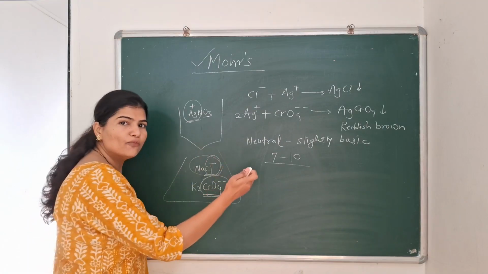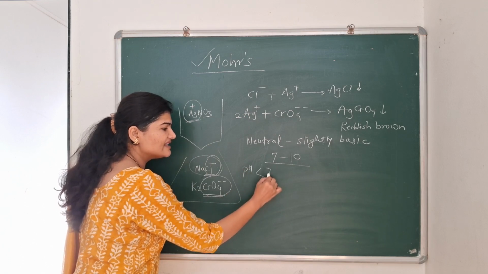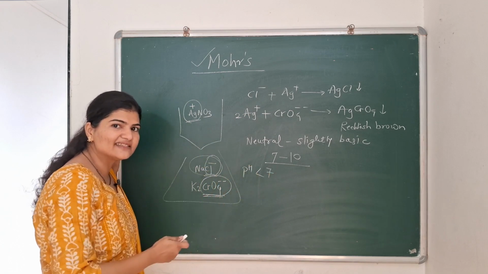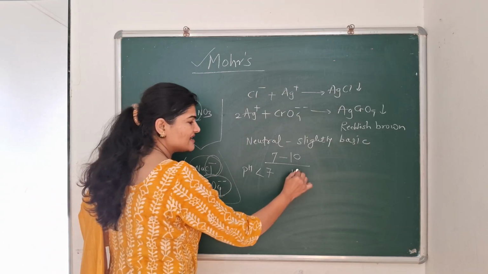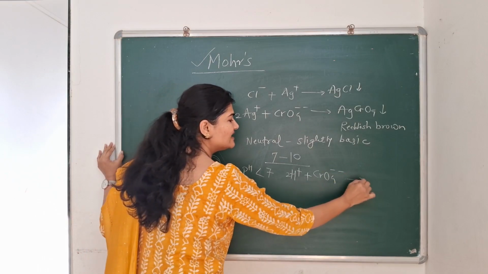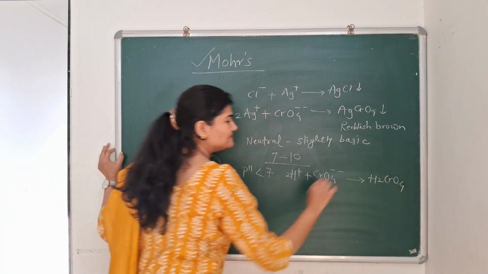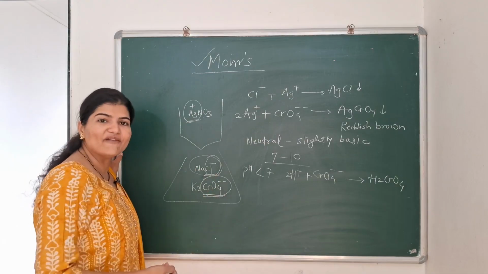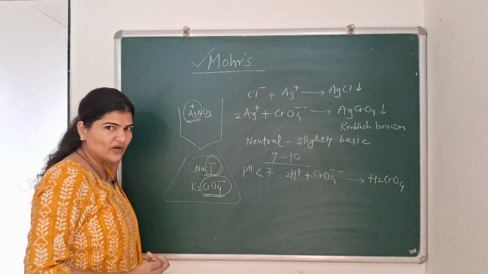Because if the pH is less than 7, means the solution is acidic. In that case, there will be H plus ions present, and these chromate ions will immediately react with the H plus ions to form chromic acid. Now they are no more available to act as an indicator. So acidic medium we have to avoid.